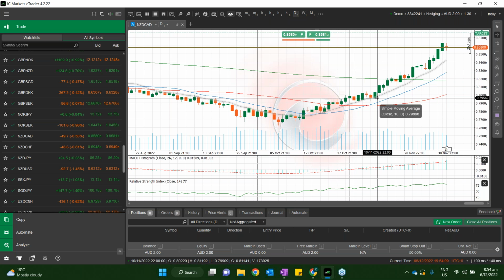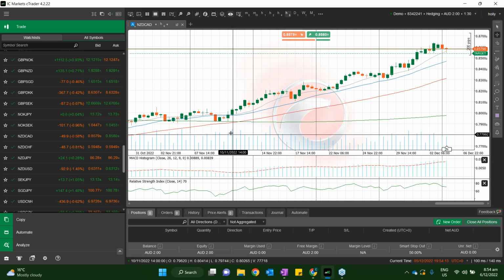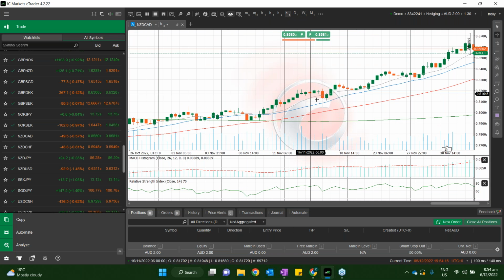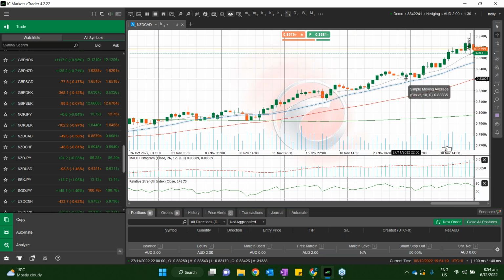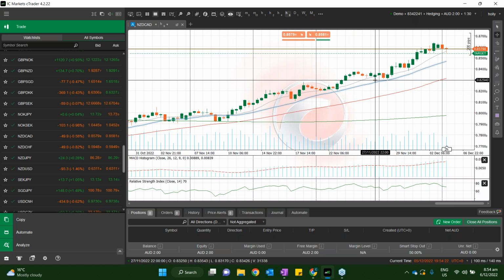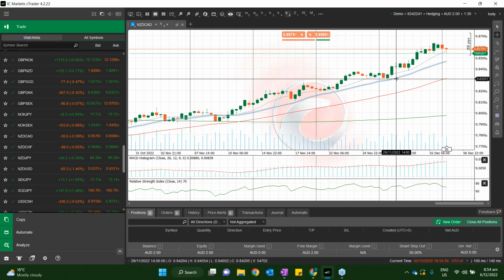There's opportunities to be had even on the daily, but you can go down the charts and look at, pick that off, pick that off, pick that off, even that one. So you could have gone in on that one and you may have been stopped out. That's why it's always a good idea to give your stop a little bit of room.